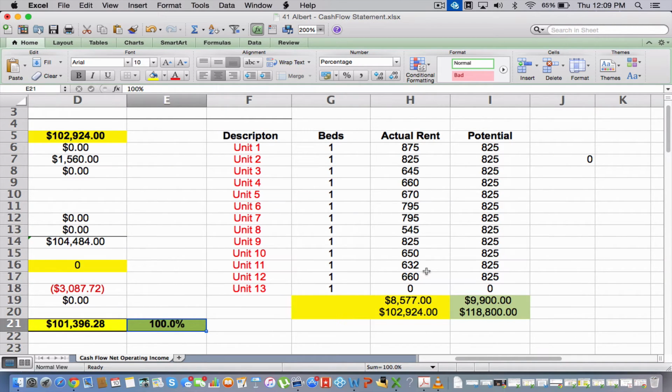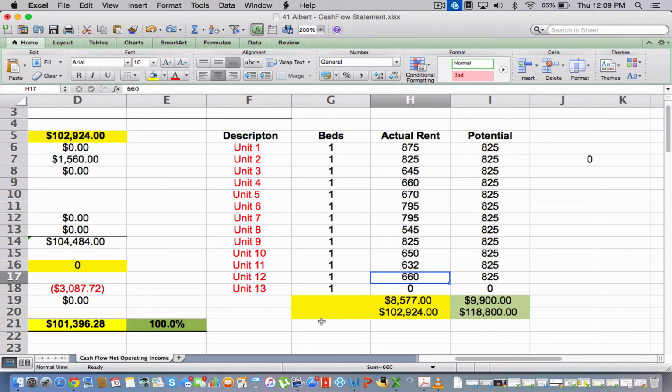Now, if on the seller's pro forma or you figure it out later down the road, during a transaction, for example, what the actual rents are, you can input it into this section of the gross income. So very simply, unit 1 through 12, you insert how many bedrooms the unit has and the actual rents. And the spreadsheet will calculate it for you and give you a number here at the bottom. Now, if you have anything less than 13 units here, you just make that 0, make this 0, and if you only had 10 units, then the spreadsheet will calculate for you again.